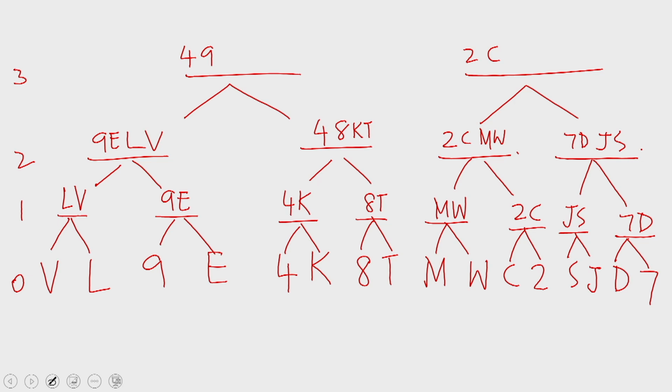And then in stage number 8, the level 2 nodes will be picking every second element from the right hand side as samples. So, the node which contains 9ELV will pick 9 and L as samples, and the node which contains 48KT will pick 4 and K as samples. So, in the second step these will be merged at the parent.